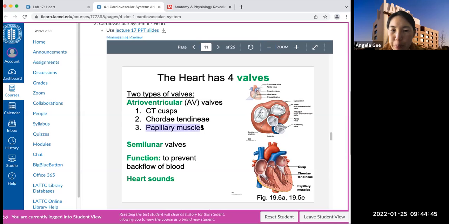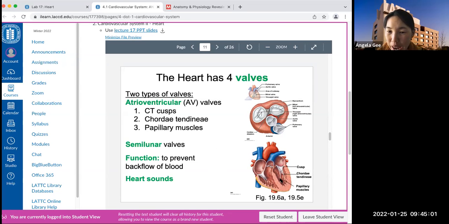We start off with the muscle. Think about muscle, right? The muscle's job is to contract, and when it contracts, it shortens. So to close the valve, the first thing that has to happen is the papillary muscles contract. When they shorten, they pull on the cords, the chordae tendineae, because they're attached.